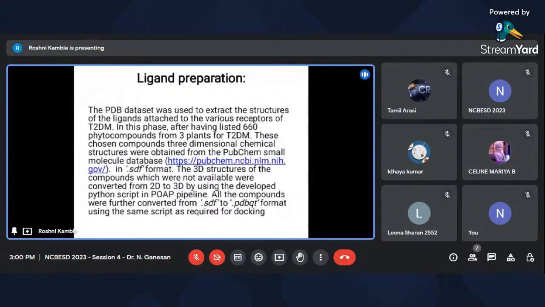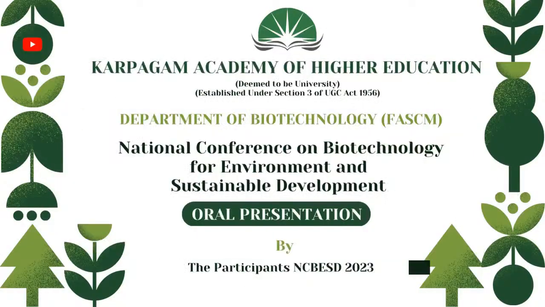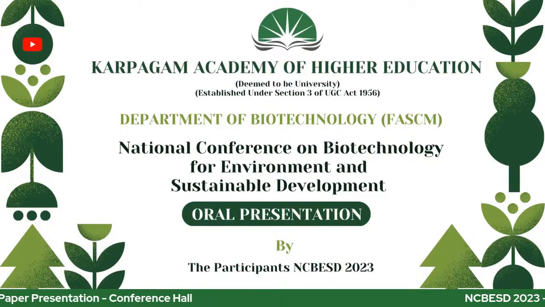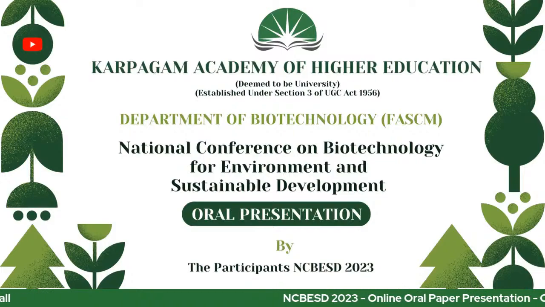In this phase, we listed around 660 phytocompounds from all the three plants that were anti-diabetic, and then their PubChem IDs and the canonical SMILES were copied, and the SDF format of these was converted into the PDBQT format, which was a requirement for the docking process.